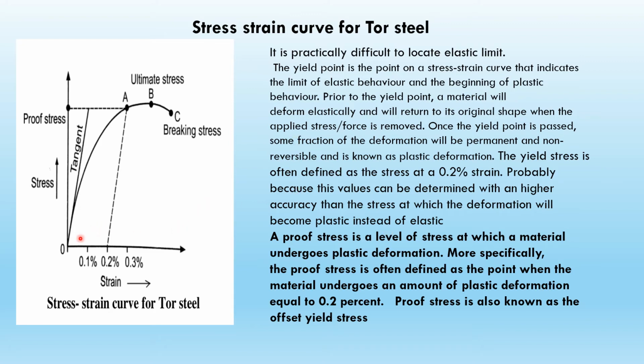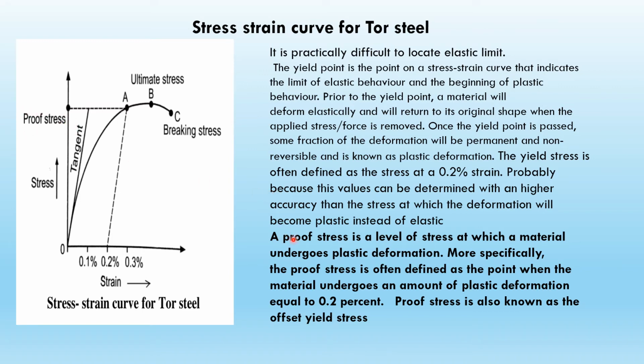So what is done is, from this origin a tangent is drawn, and to this tangent from the 0.2% strain, a line parallel to this tangent is drawn here, and suppose this is meeting at point A, then whatever is the corresponding stress at A, that is called proof stress.